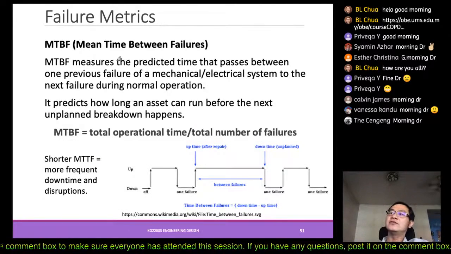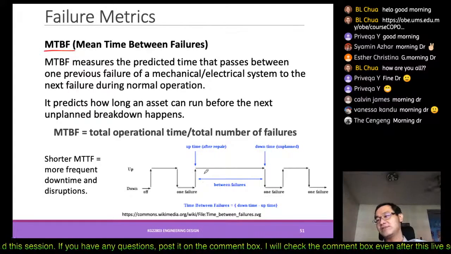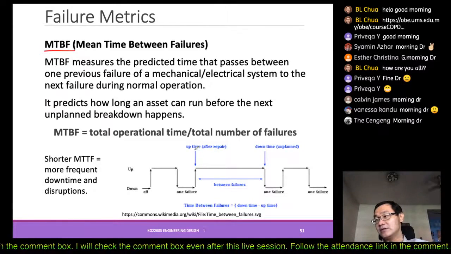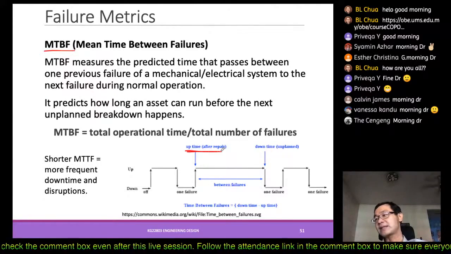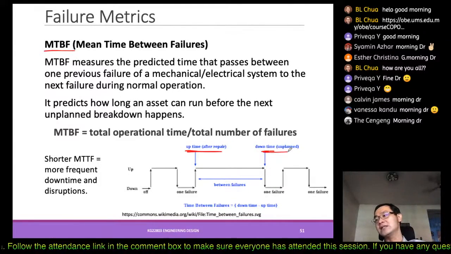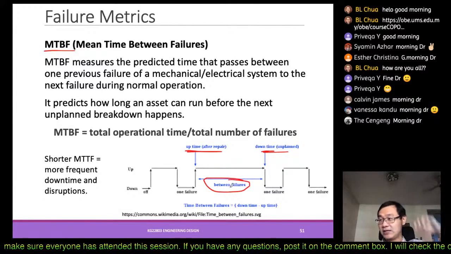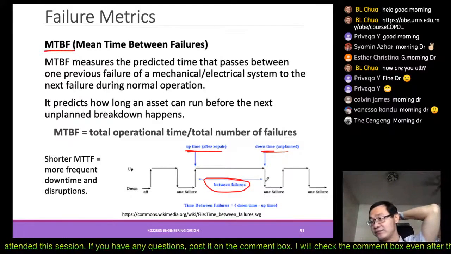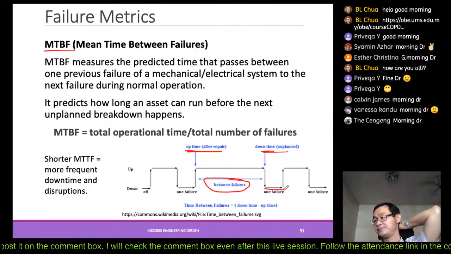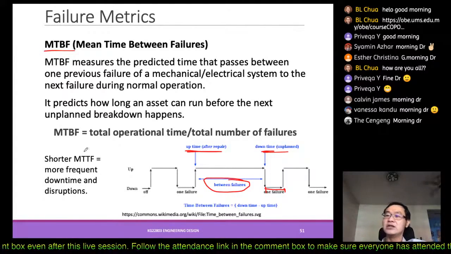So this is the failure metrics. The MTBF, the mean time between failure, is this one. From your uptime after you repair, how long it takes before it fails again, the downtime. So this is your time between failures, and after you are down, how long it takes for you to actually bring it up again.